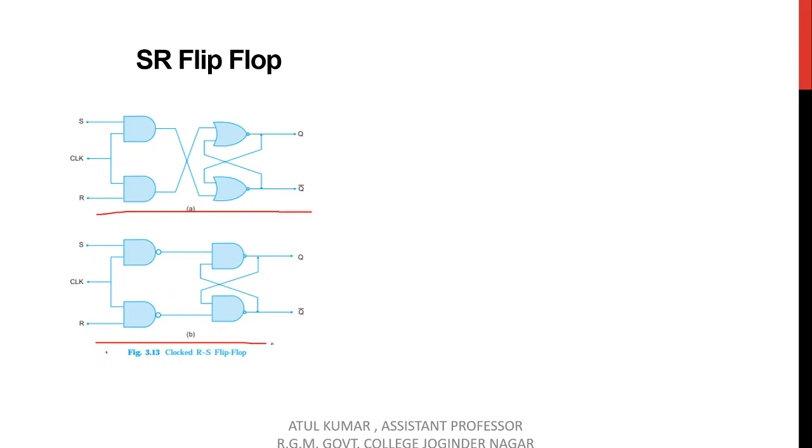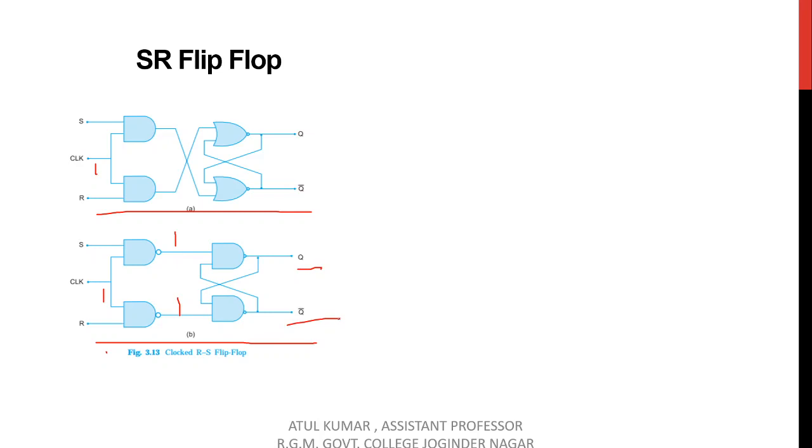The concept is the same as I discussed earlier, but in case of the clock signal, when we give the clock as 1, the output here is 1, because this is a NAND gate, and only in that case will the output be generated.